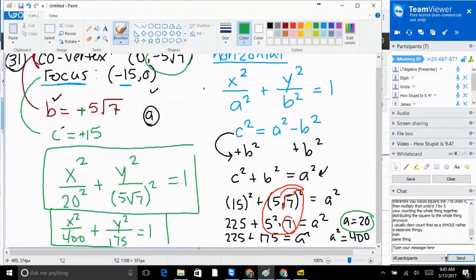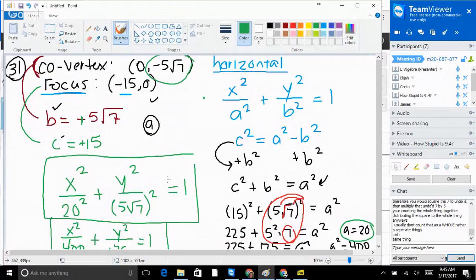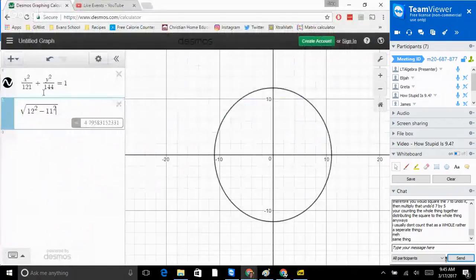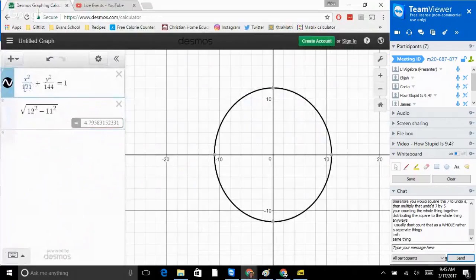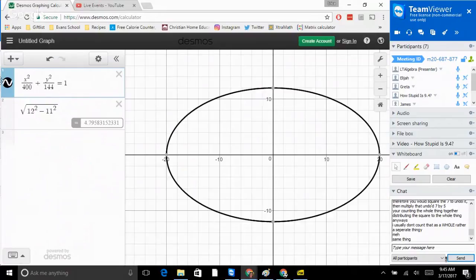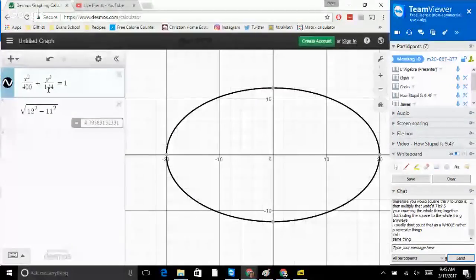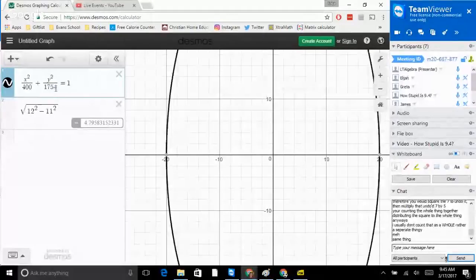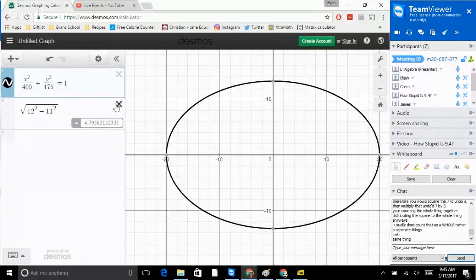So now in a final step, plotting this out, we can go to Desmos and see how well we did, right? So we said this is x squared divided by 400 plus y squared divided by 175. I just retyped it.